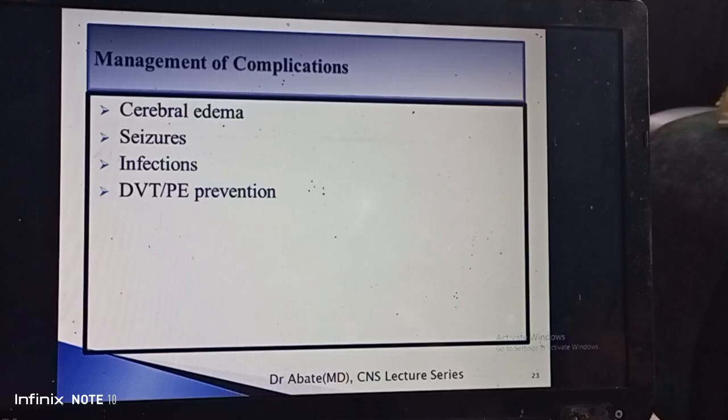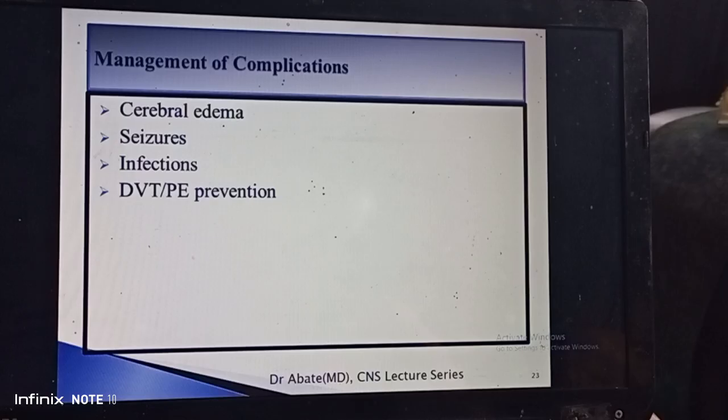The other thing that you have to consider is DVT prophylaxis, because patients with stroke remain bedridden for a long period, so they are at risk of developing deep vein thrombosis as well as pulmonary embolism. To prevent this, you have to initiate deep venous thrombosis prophylaxis, as well as encourage early ambulation and physiotherapy.